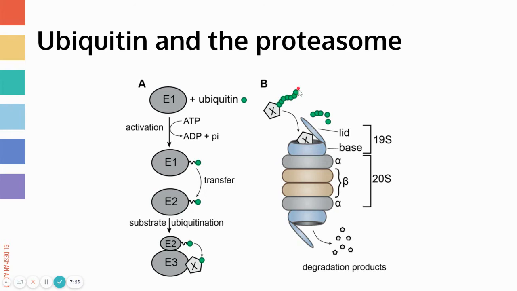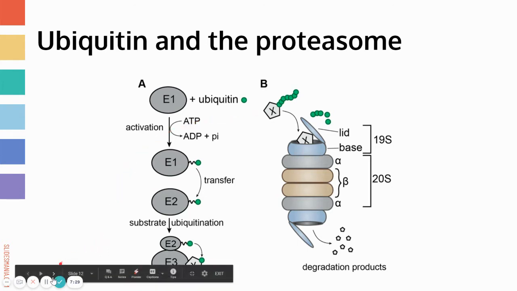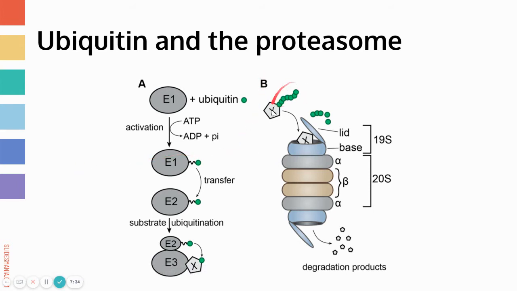So you get a chain of ubiquitin molecules onto a protein, and that signals to the cell that this protein needs to be destroyed. So if the proteasome encounters a molecule that has this chain of ubiquitin, it will degrade that protein. And so that's the ubiquitin proteasome system. Ubiquitin is the tag, the proteasome is the garbage disposal.